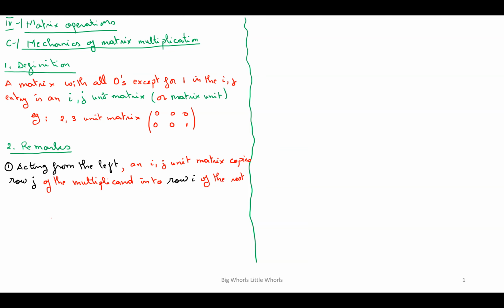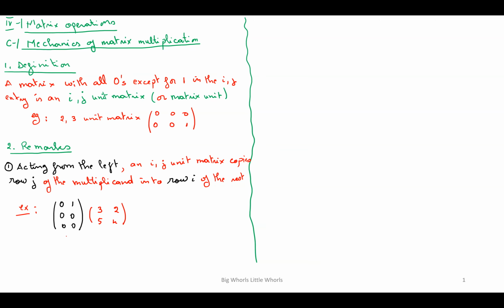Let's have a look at an example. Let's say I have this 1 2 unit matrix: 0 1, 0 0, 0 0. I am going to multiply that matrix with the following matrix: 3 2, 5 4.